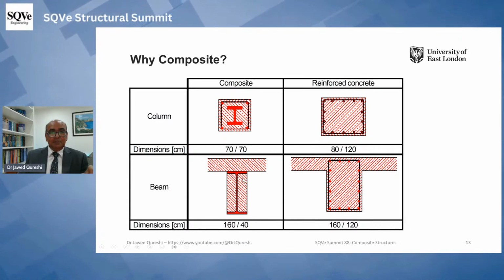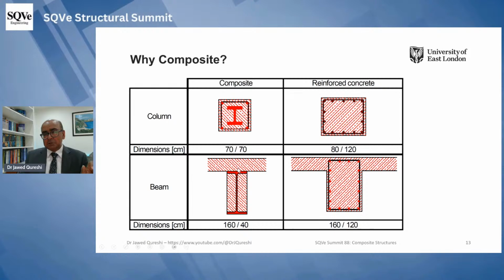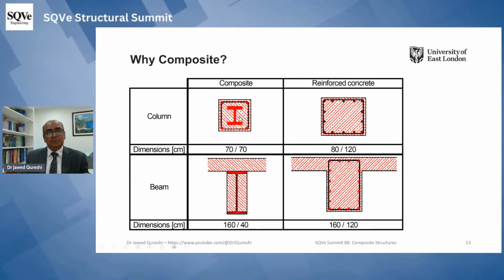In case of a beam over here, it is 160 by 40, and here it is 160 by 120. So you can see a significant reduction in height. I'm not sure about the cost of these, and these types of sections are not very common as well. But steel concrete composite beams are really very common.